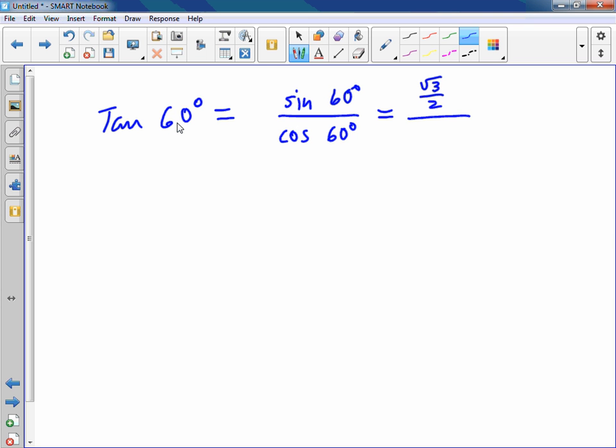He's probably wrong. Someone else. No fun at all. Over 1/2. And at this point, what do I have to do? Multiply numerator and denominator by 2. Okay?